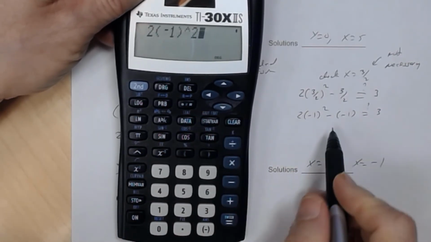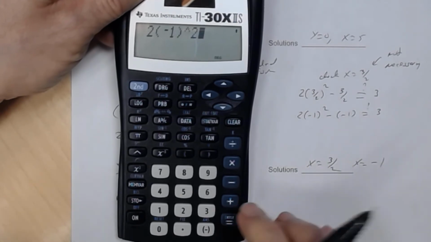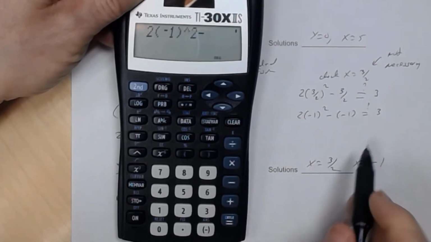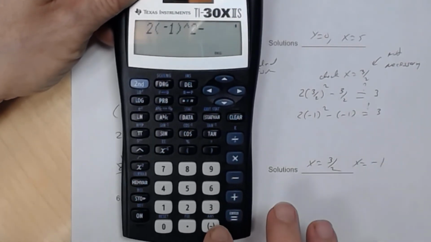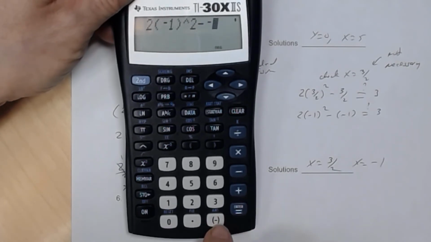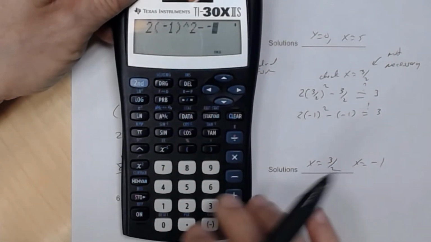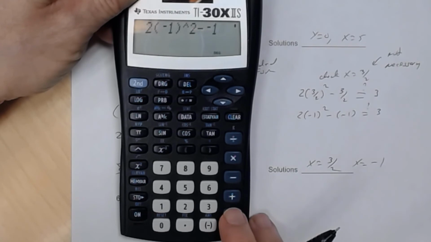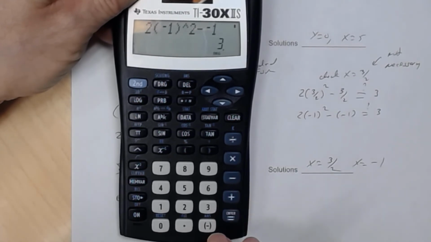I'm subtracting, that's subtracting right here. So you got to press your subtraction symbol, but I'm subtracting a negative 1, so now you got to press the negative button. See how that looks? And then press equal, and you get 3.